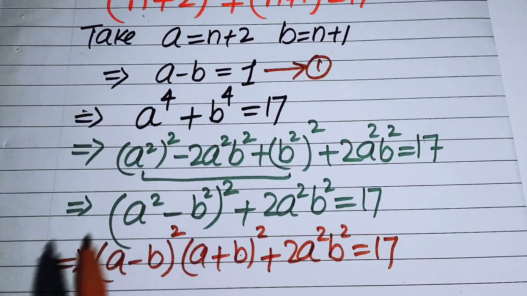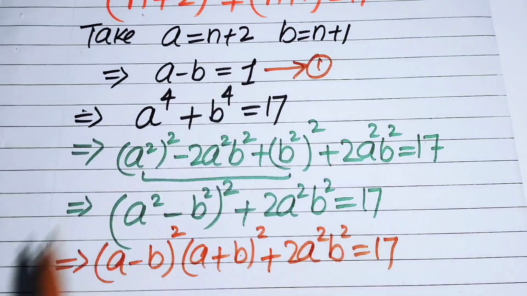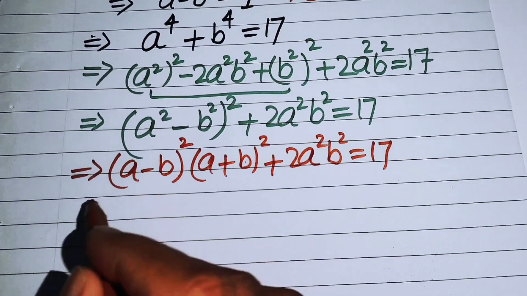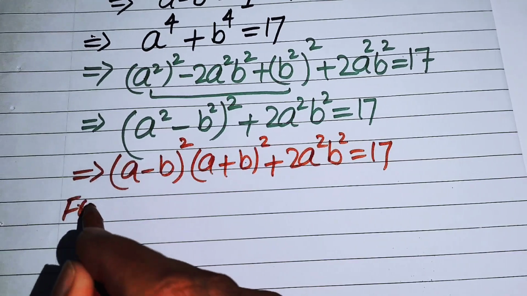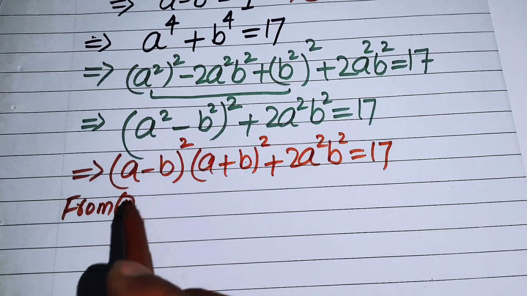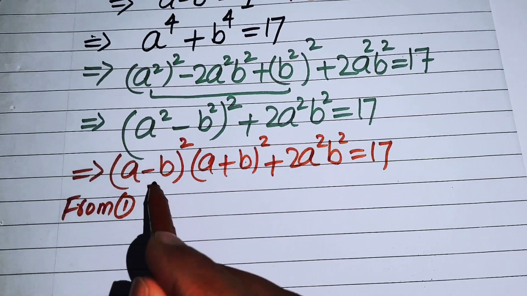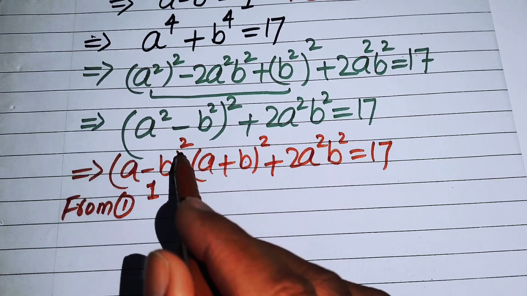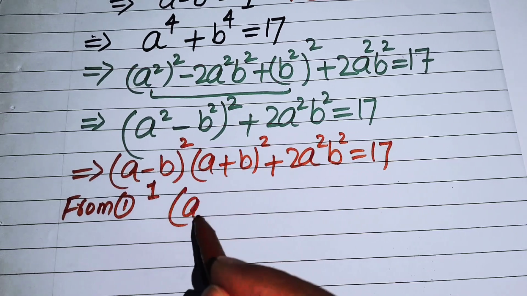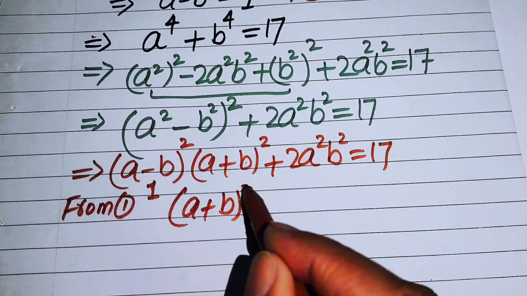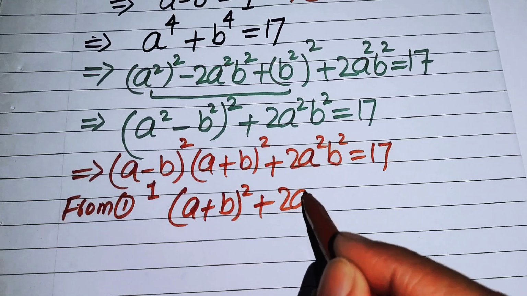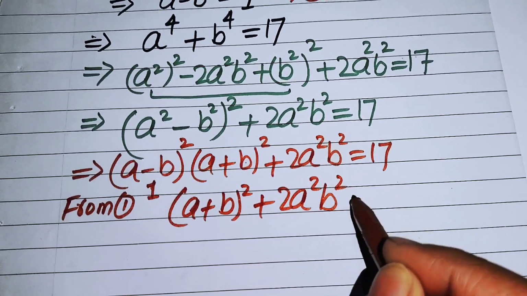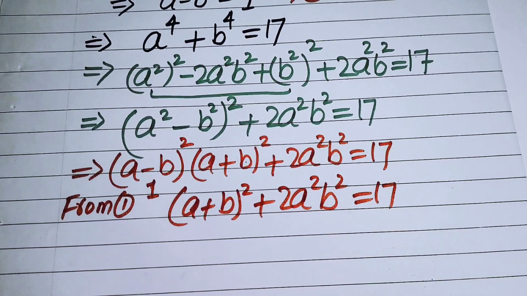So in equation number 1 you will see we have a - b = 1. So 1 squared equals 1, and here we just get (a + b)^2 + 2a^2 b^2 = 17.